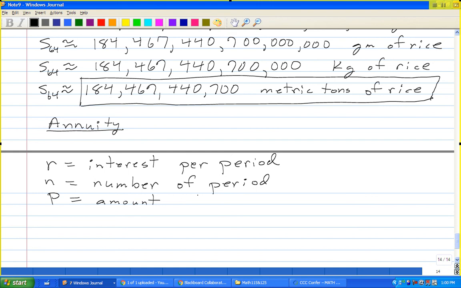Let's put money into the annuity, amount input into the annuity per period. Okay. When you're paying it off, that's the amount that you have to pay off per period.